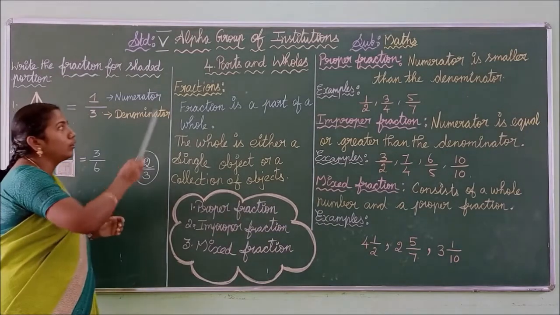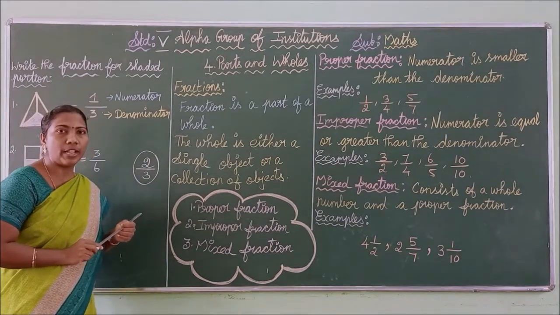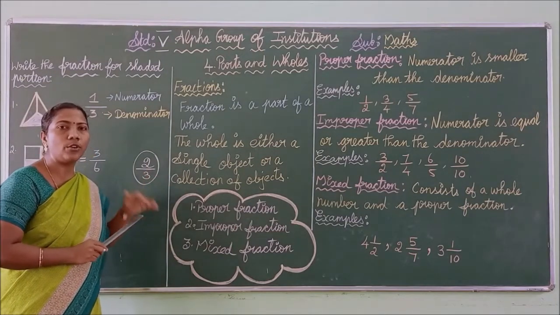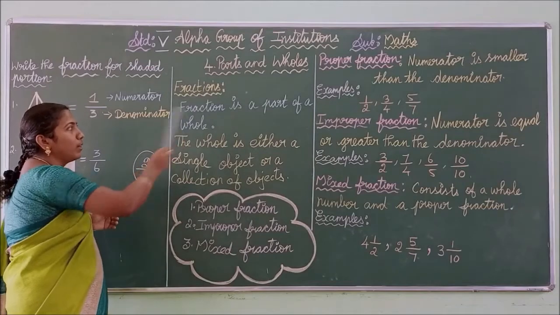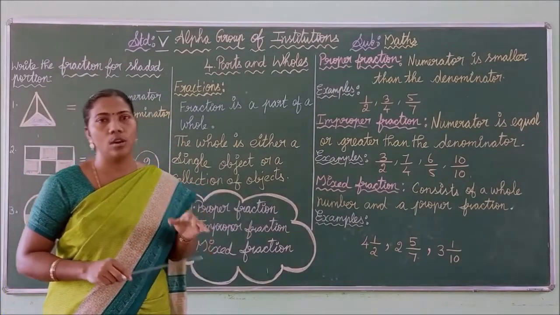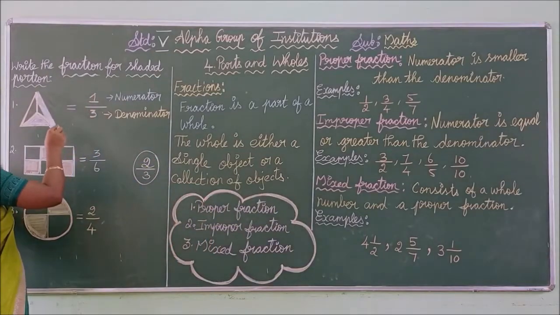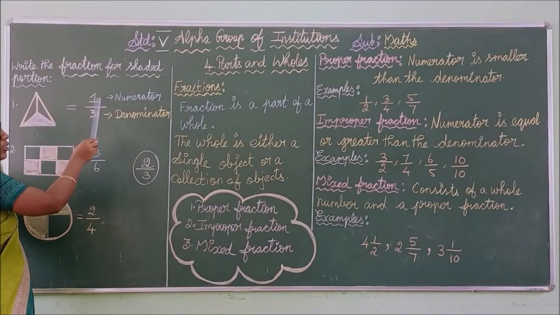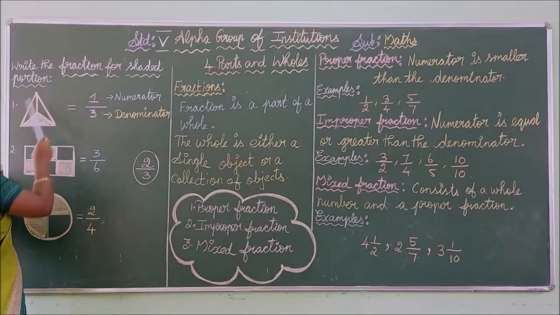Next, we are going to see the definition of fraction. We have already seen it; once again, we are going to recall it. What is meant by fraction? A fraction is a part of a whole. See here, this is one whole thing. Here we have mentioned only one part. Thus, a fraction is a part of a whole thing.